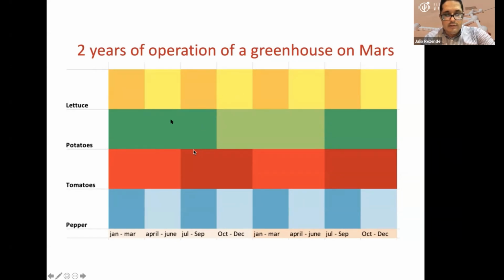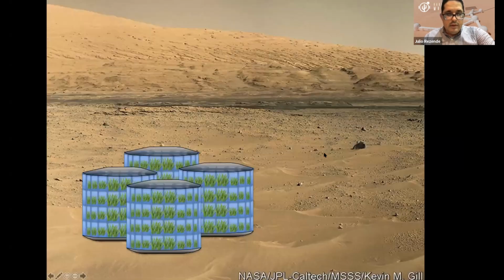This is just illustrative, to see how the process of cultivation would occur over time, with possible examples like lettuce, potatoes, tomatoes, and pepper in a greenhouse on Mars.